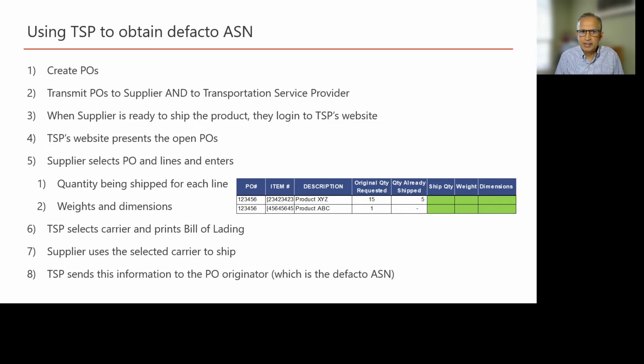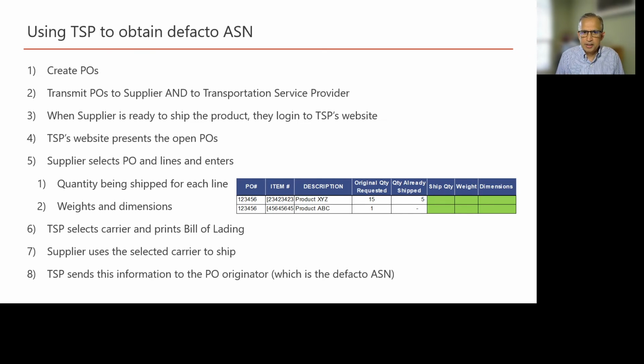There could be other fields like unit of measure, temperature requirements, hazard categories, etc. that either need to be entered or confirmed, but I have not included them in the illustration just to make it less cluttered. Also, if the same product has been shipped before, or we already have this info in master data, the weight and dimensions could also be pre-populated so that the supplier does not have to enter that information again.